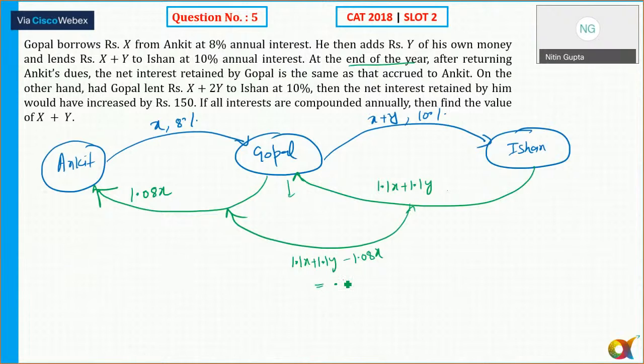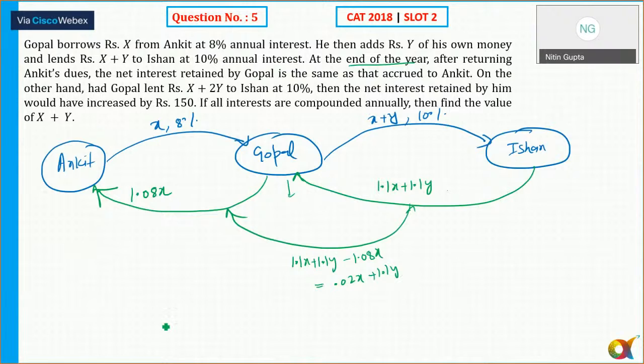So this is the interest with Gopal. 1.1x minus 1.08x is equal to 0.02x. Okay. And plus, in any case, remember, I need to find out the interest here. So that is equal to 1.1x minus 1.08x he will give, so he will be left with 0.02x plus 1.1y.